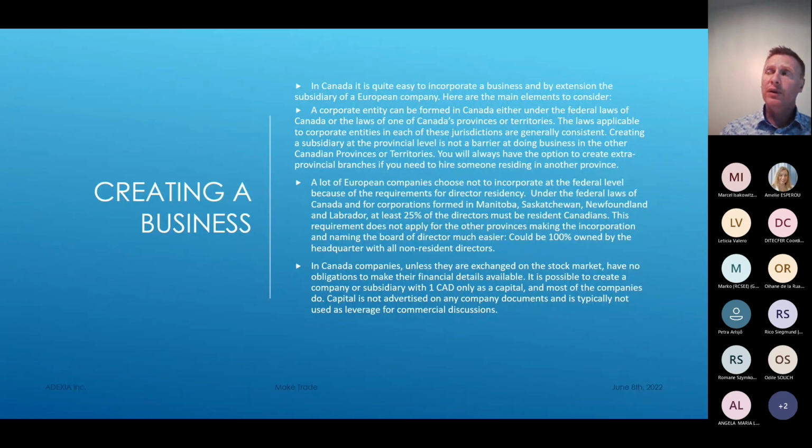Just so you know, in Ontario this is fairly new. It's only since June 2021 that you can incorporate without a Canadian resident as a director. It's just a year now.